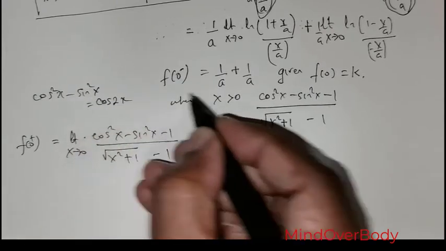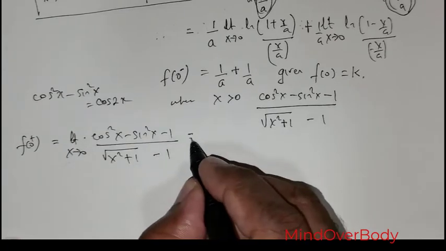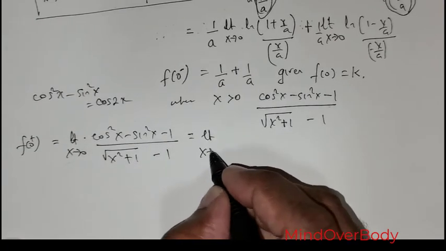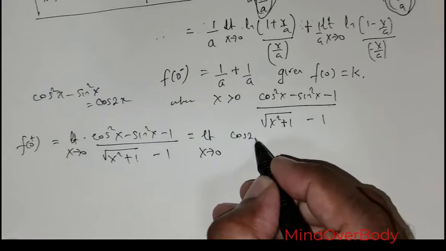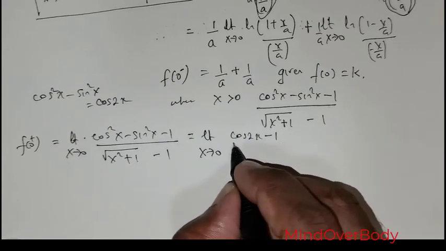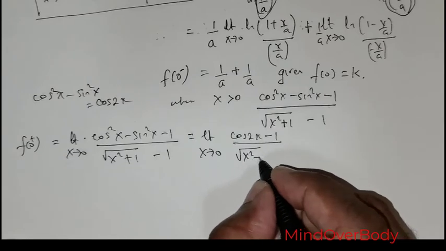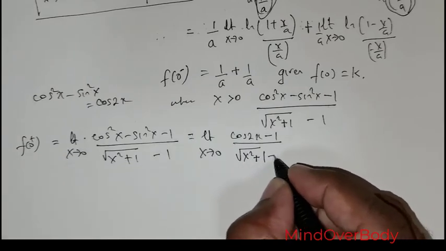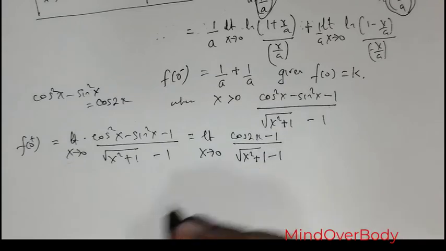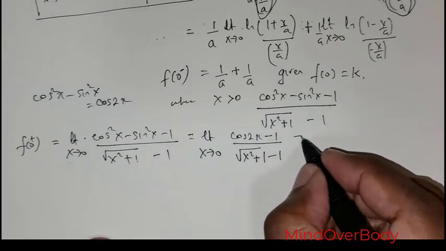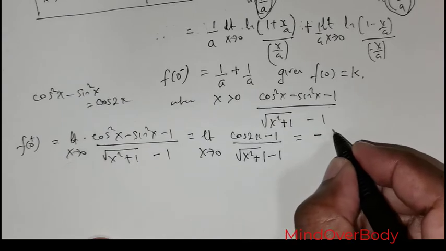to cos 2x. So by this formula, this is going to be limit x tending to 0 of cos 2x negative 1 divided by root of x squared positive 1 negative 1. Now I'm going to rewrite cos 2x negative 1 by taking the negative sign out.